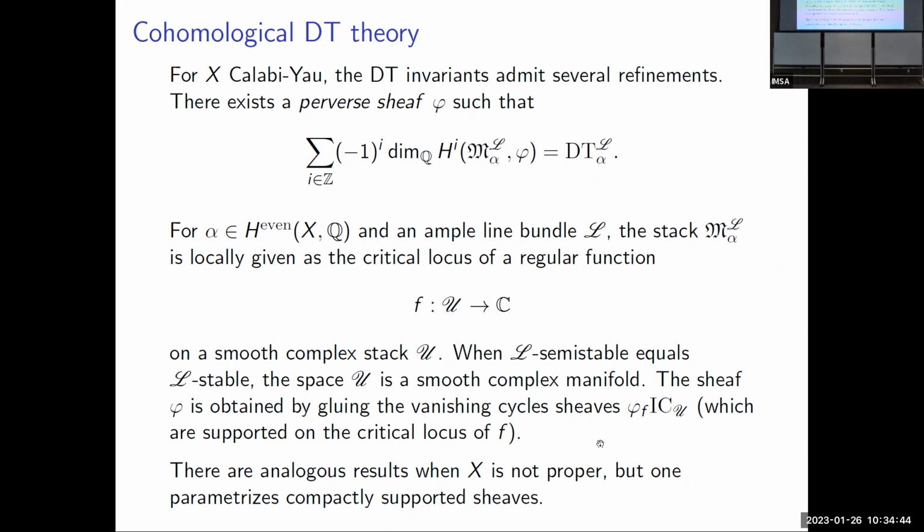But in order to define this global sheaf phi on M_L^alpha, one also needs the information of gluing, one needs to know how to glue these various sheaves coming from the local charts. I won't go into that. Maybe relevant for later in the talk, one does not need to assume that X is proper. One can just look at compactly supported sheaves and still get numerical DT invariants and cohomological DT invariants.